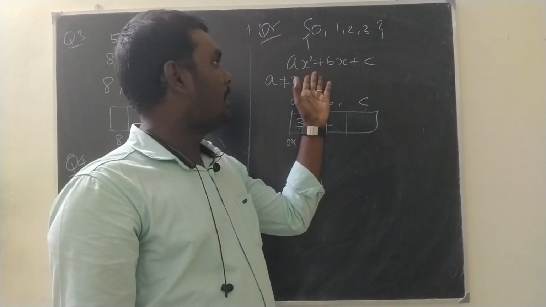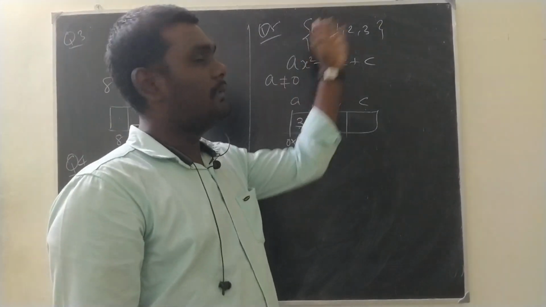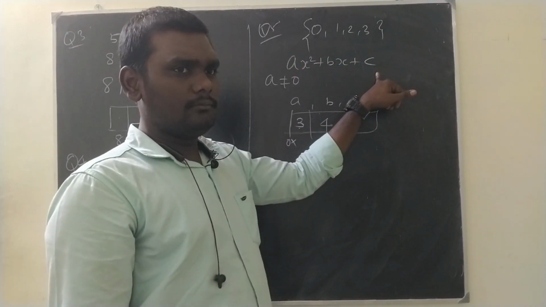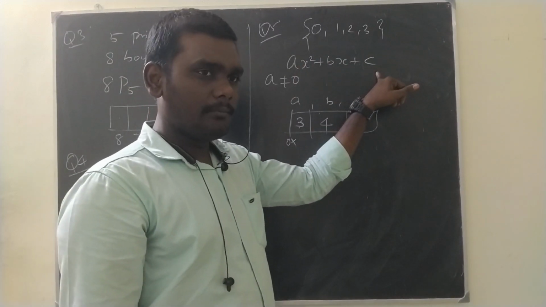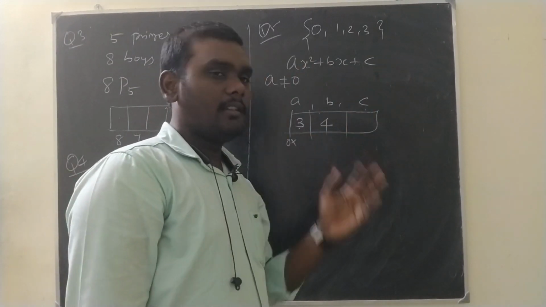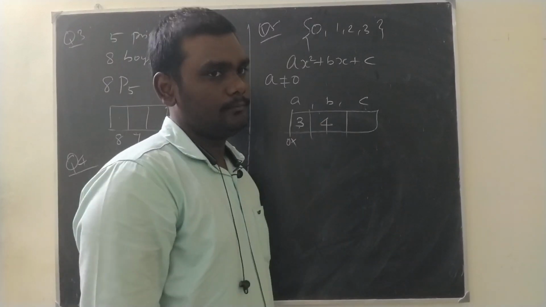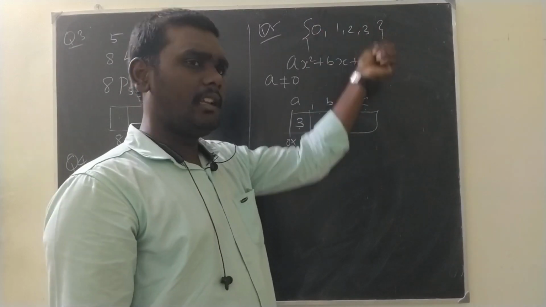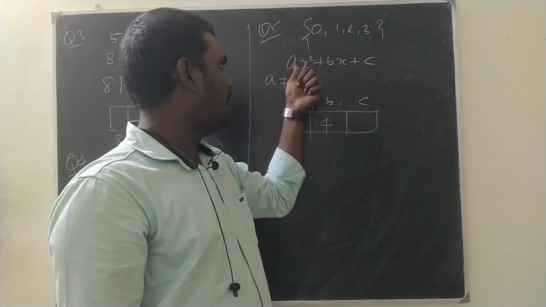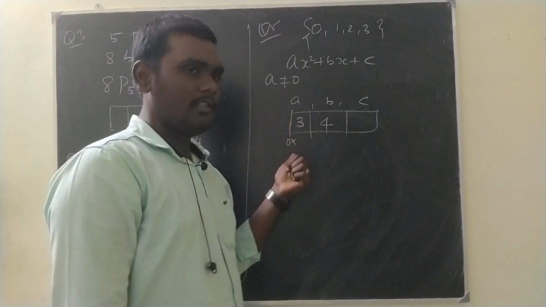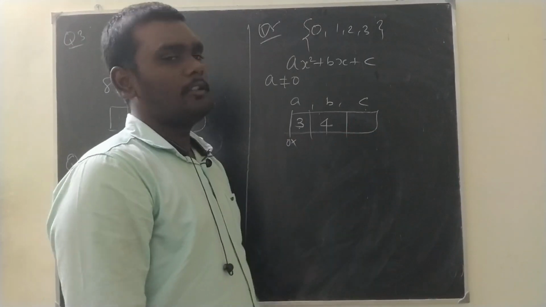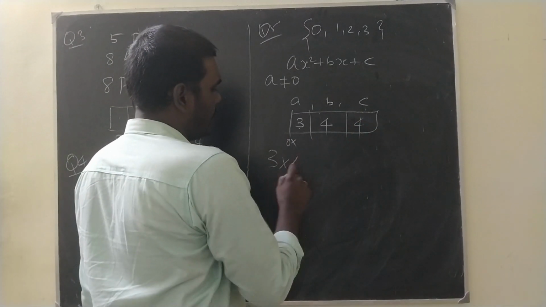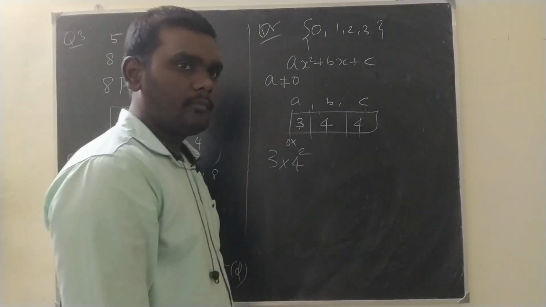You are framing a quadratic expression, so we can take all the coefficients as 1. That repetition is to be understood. Clear? So B has all the 4. Only A has the restriction: 0 should not come. Then C also, any 4 can come. So it is 3 into 4 square.